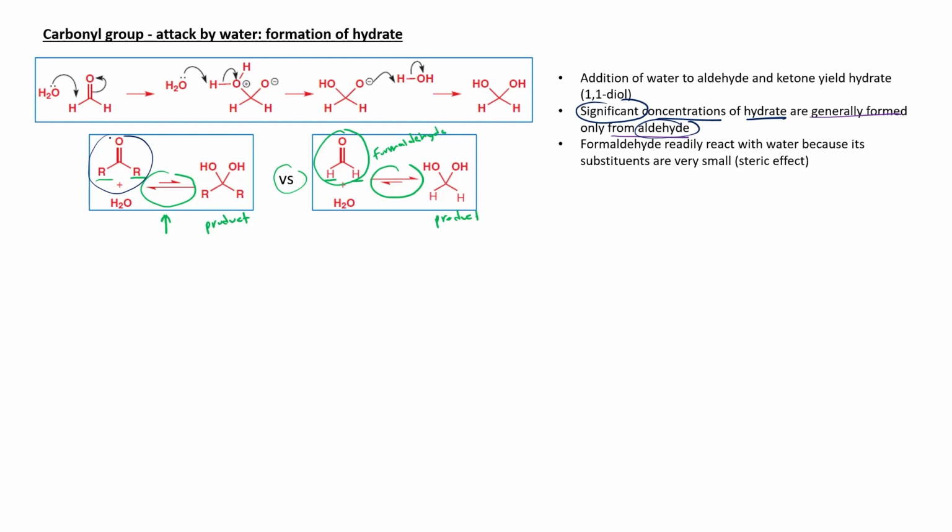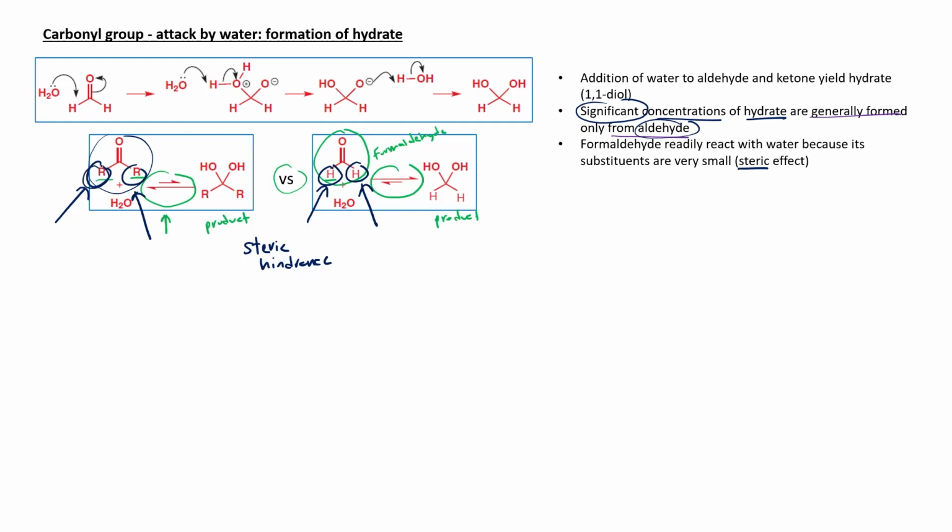The reason is that this hydrogen is small compared to this alkyl group, the R group, which is big. Here we put the idea of steric hindrance. Steric hindrance is the hindrance caused by the bulkiness of the substituent.